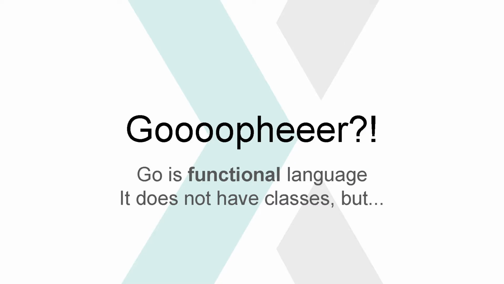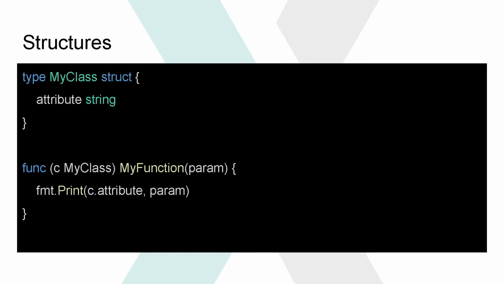Okay. One thing, Go is a functional language, so it does not have classes. But instead, it has something called structures. So what is a structure?